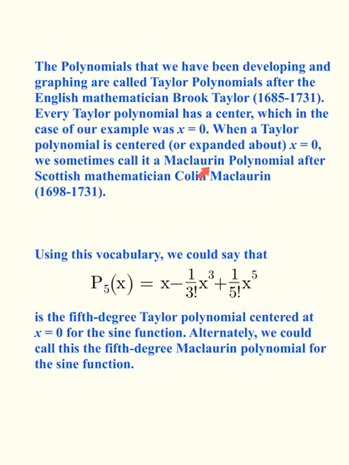Now, a Maclaurin polynomial is just a special type of Taylor polynomial. A Taylor polynomial applies to all kinds of polynomials. They could be centered at x equals 0 or centered anywhere. Maclaurin polynomials are only centered at x equals 0.